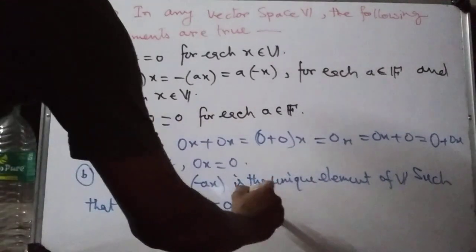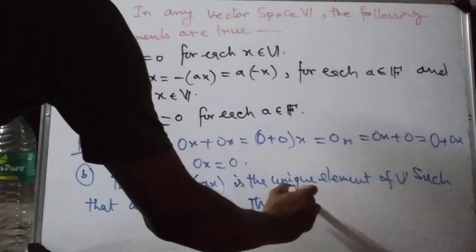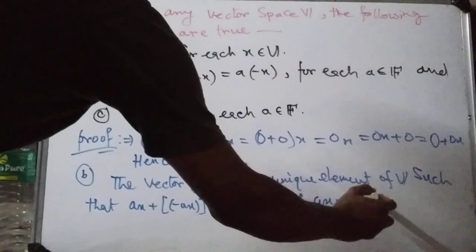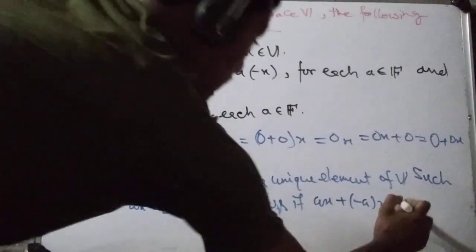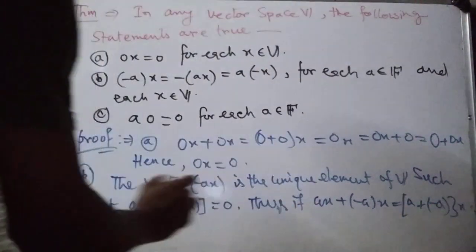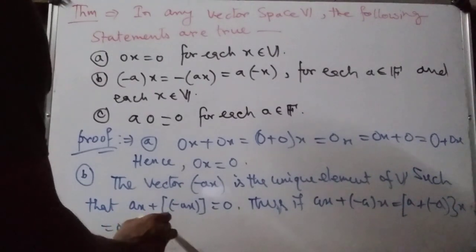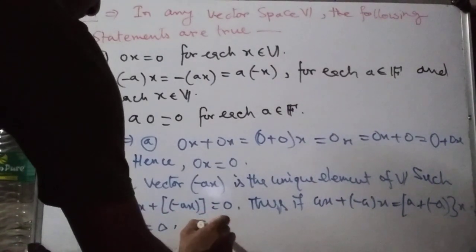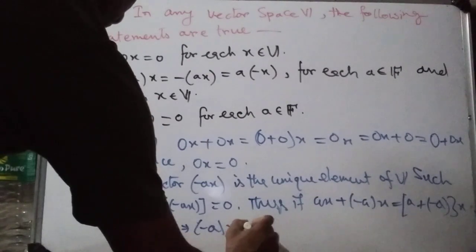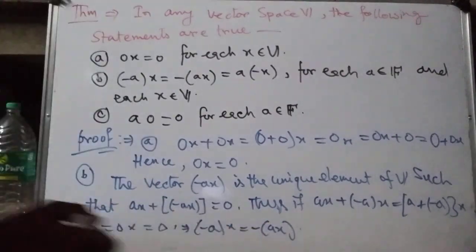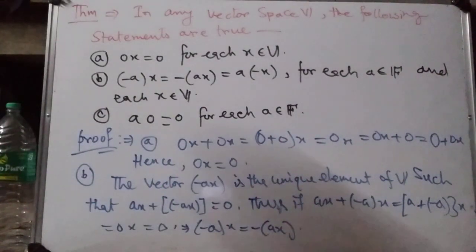And thus, if ax plus (minus ax) equals a plus (minus ax), equals 0x, equals 0. Then this implies that minus ax equals the vector minus of ax. Understood? Not a problem at all.